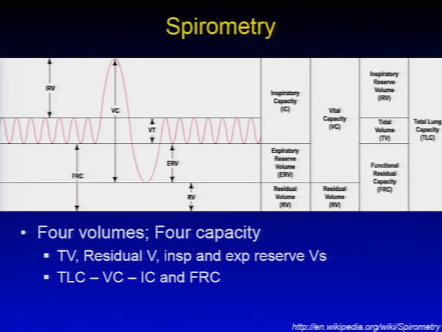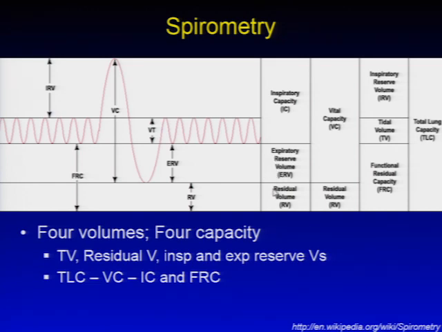So, spirometer. It's a little bit complicated, but you have to remember there are 4 volumes and also 4 capacities combined together. The volumes include the tidal volume here, and also residual volume here, and also inspiratory reserve volume, and also expiratory reserve volume.